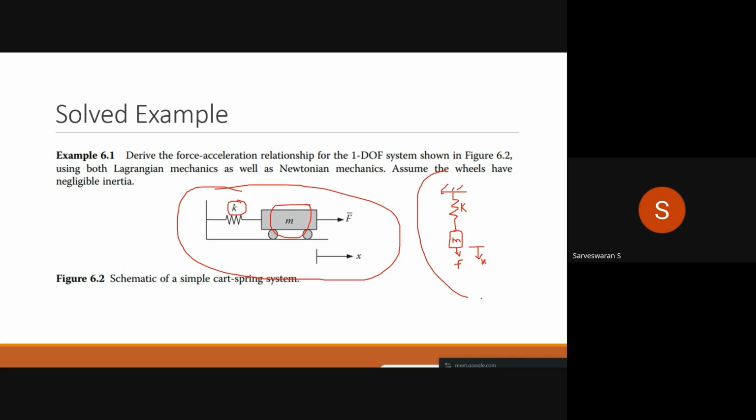What you might have solved in your vibration course is the same here. So we will try to find out whether we get the same relation using Newton mechanics and Lagrangian mechanics for the simple 1 DOF spring mass system.